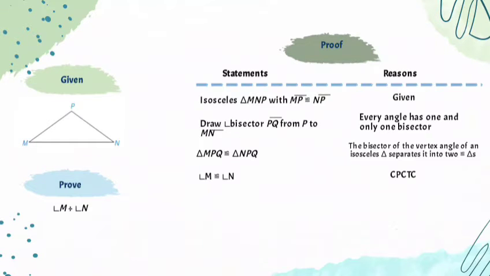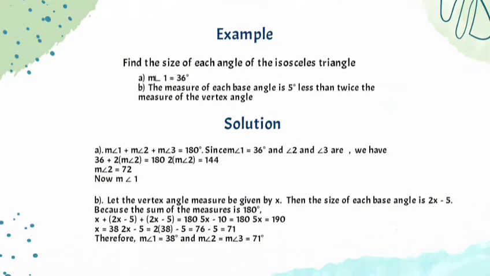The reason is the bisector of the vertex angle of an isosceles triangle separates it into two congruent triangles. Statement 4: angle M is congruent to angle N. The reason is CPCTC, corresponding parts of congruent triangles are congruent.